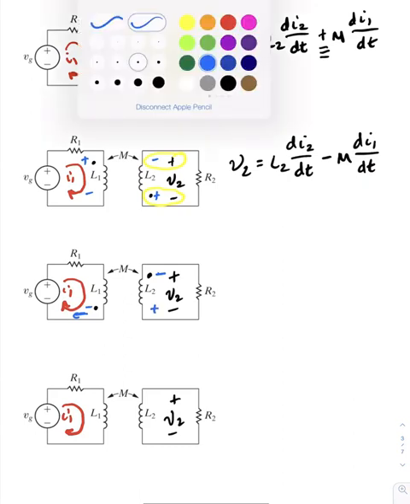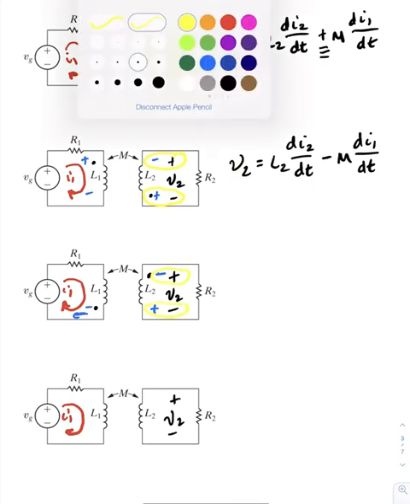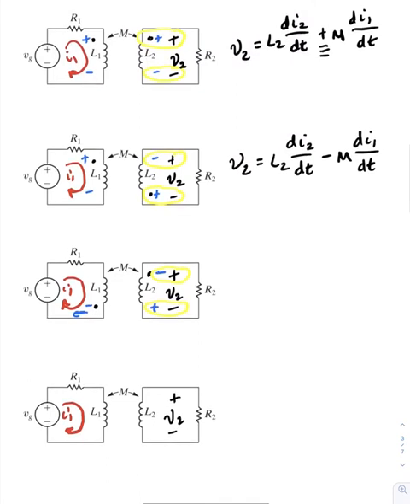As you can see, our polarities are opposite. So when we write our equation, voltage 2 is the self-induced voltage minus the mutually induced voltage by current 1.